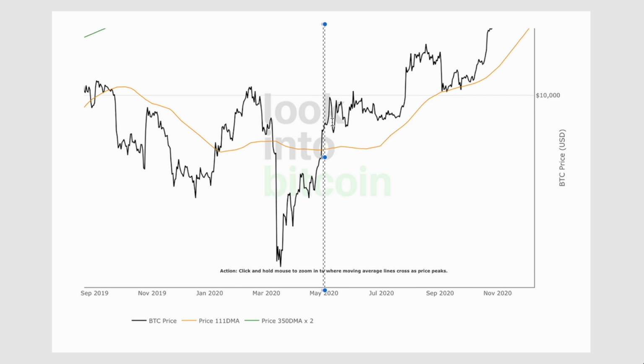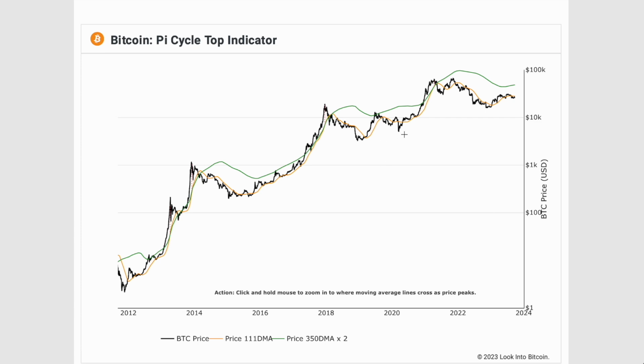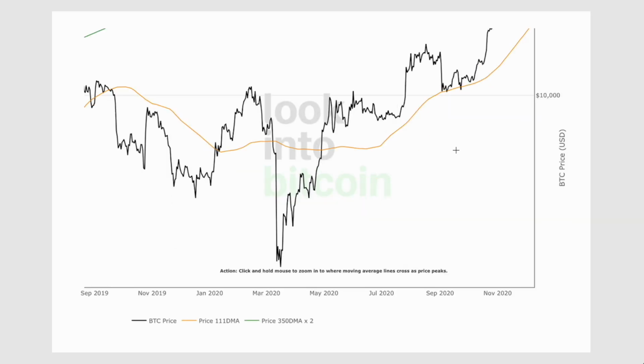And notice how price begins to react to the Pi cycle moving average after the halving. You see a fantastic retest there, and after that, we really just saw fantastic upside to new all-time highs afterwards. So it's not just a halving year, it's also after the halving that we need to really focus on.